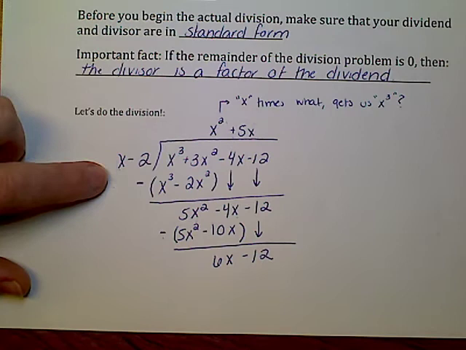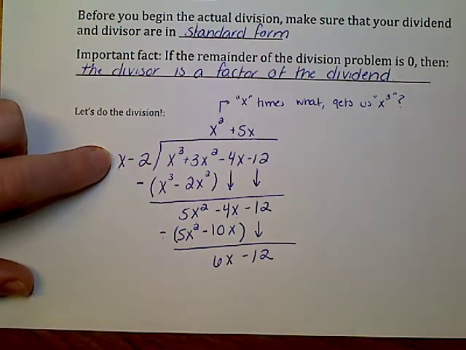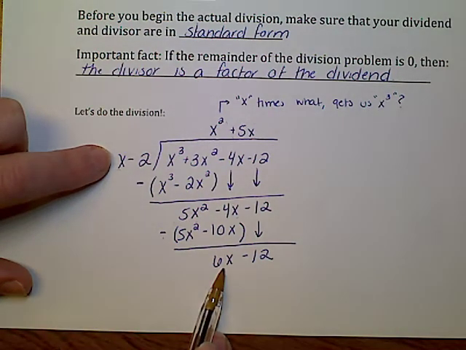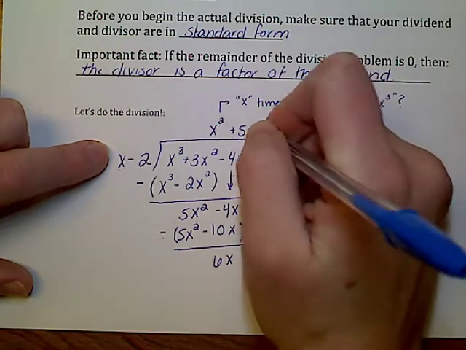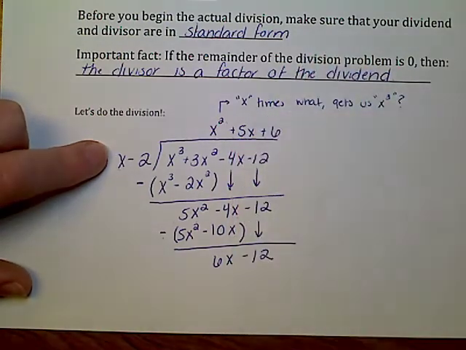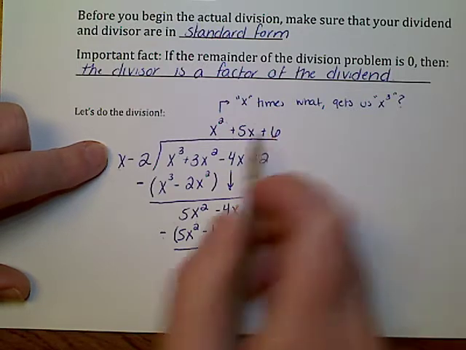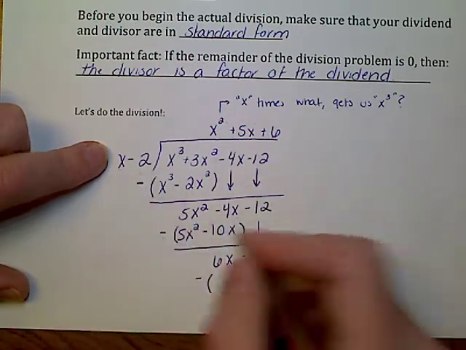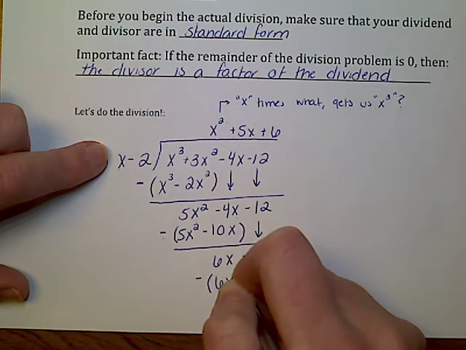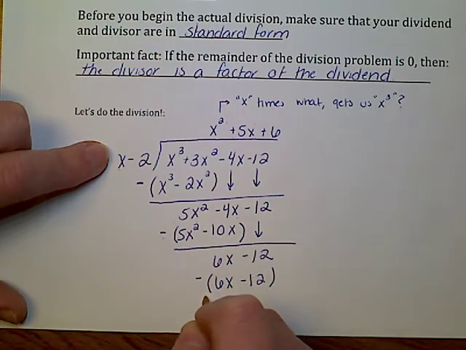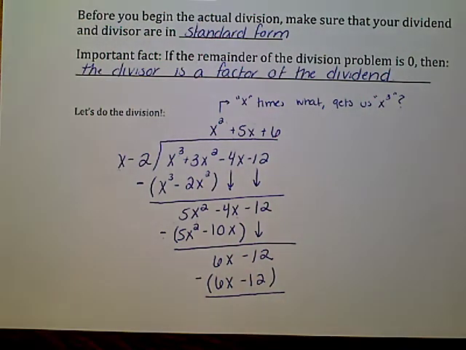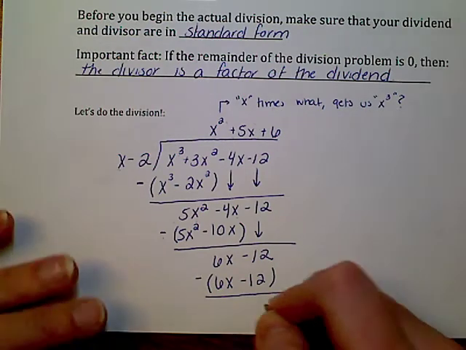And I repeat the process one more time. x times what gets me 6x? Well, that answer is pretty easy. That's just 6. And I get ready to do some subtraction, and I take 6 times x minus 2, which is 6x minus 12. And everything cancels out very nicely here.